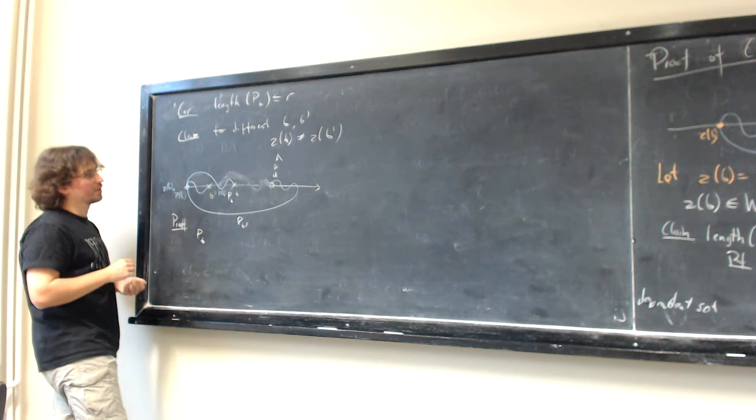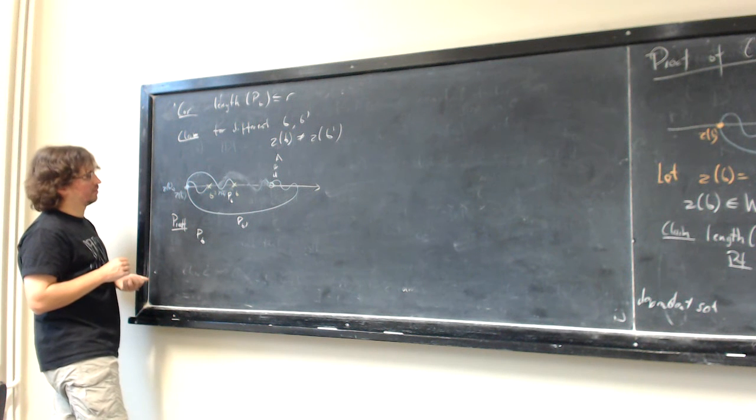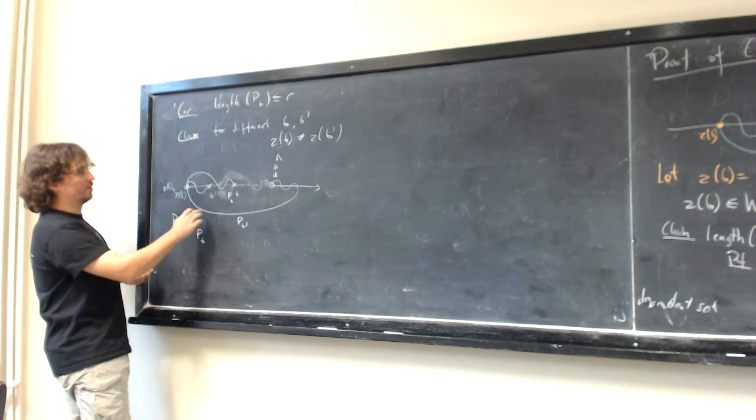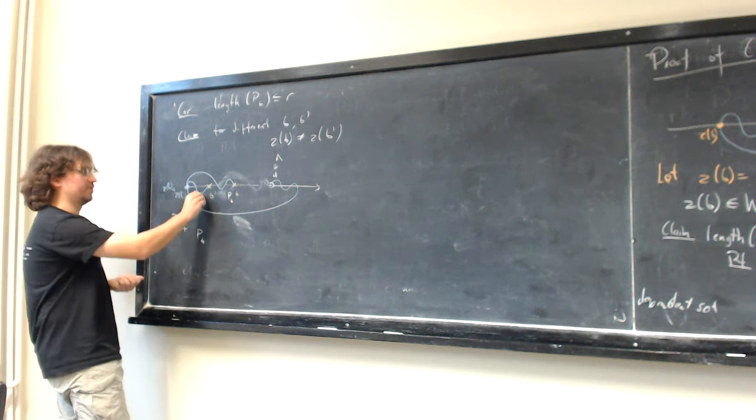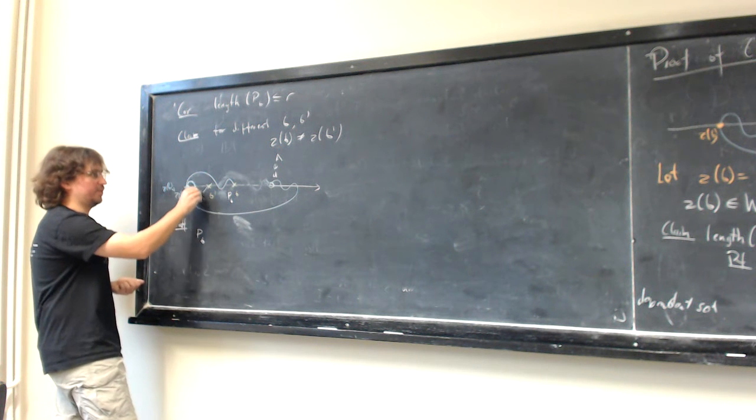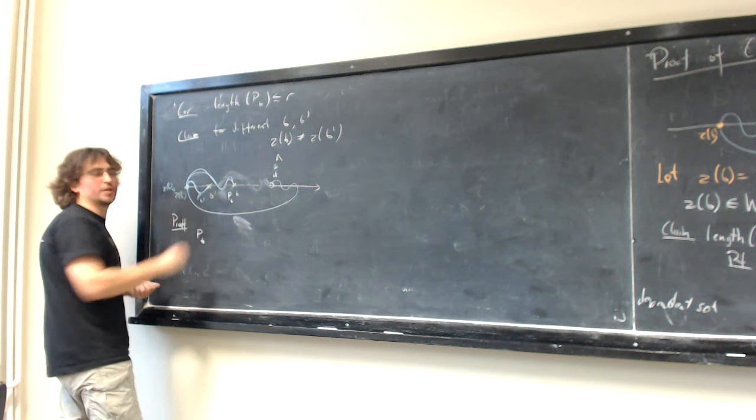Actually, this PB prime is PA prime on the picture. I mean, oh, sorry, yes, of course. This is PB prime. Thank you. So this suffix is PB prime. This suffix is PB.